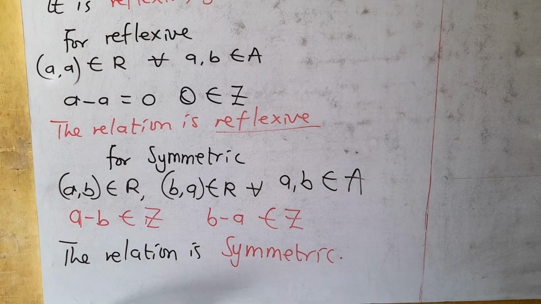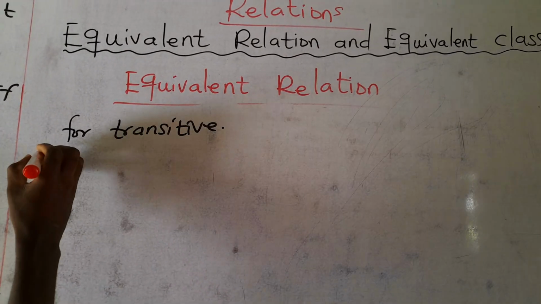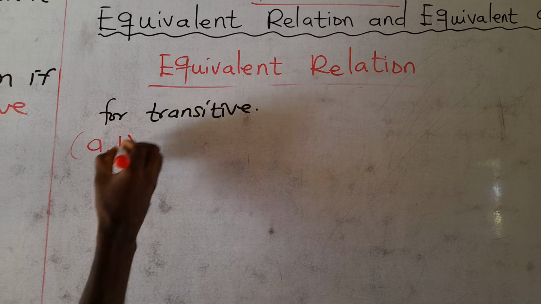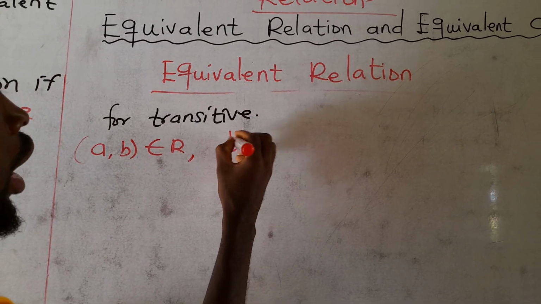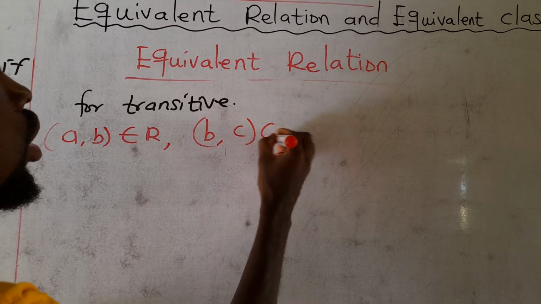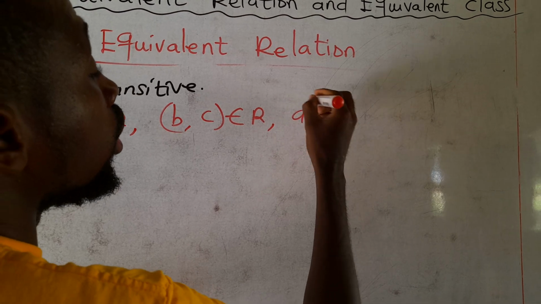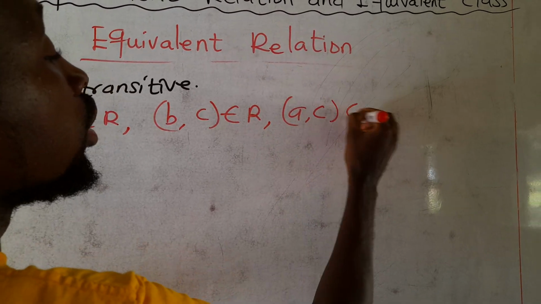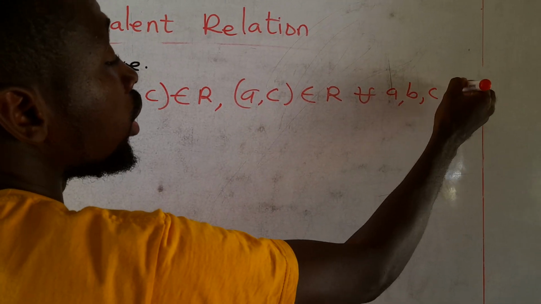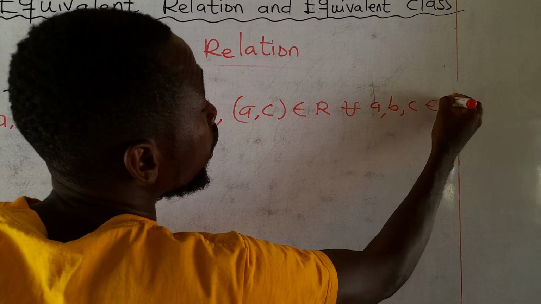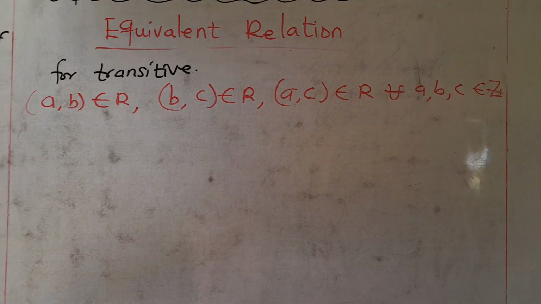Now we check the transitive property. For the transitive property, we say if A relates to B and B relates to C, then A must also relate to C, for all A, B, C that are integers in this case.